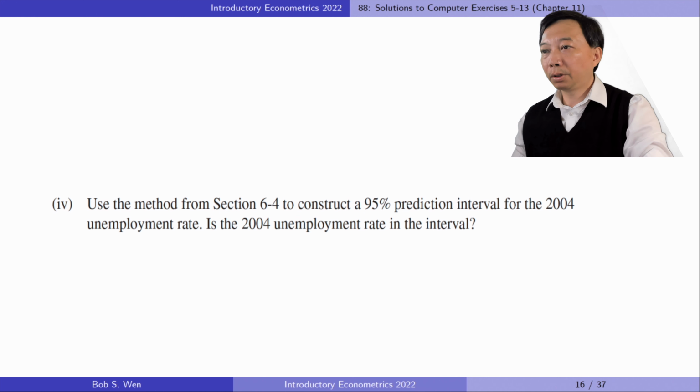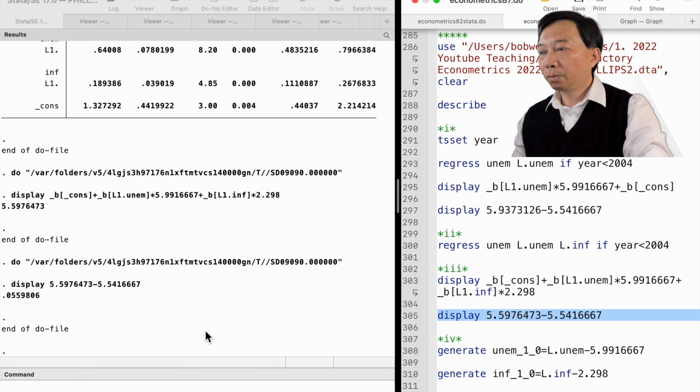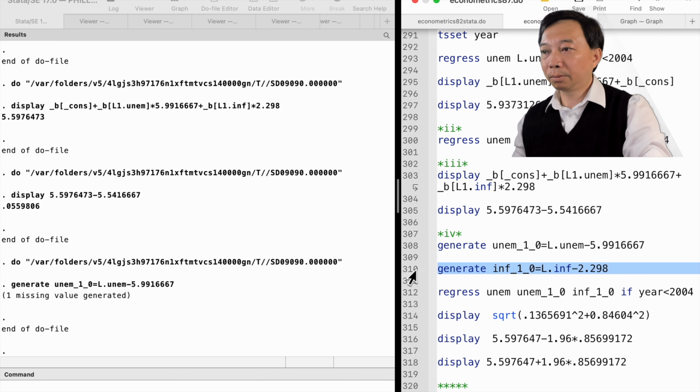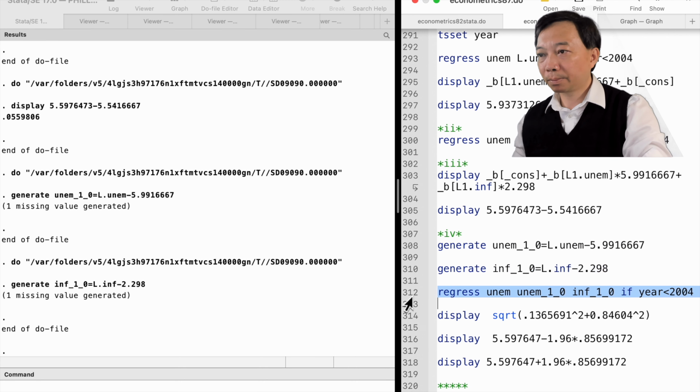In Part 4, use the method from section 6.4 to construct a 95% prediction interval for the 2004 unemployment rate. Is the actual 2004 unemployment rate in the interval? We generate two new explanatory variables and then regress the unemployment on the two variables.